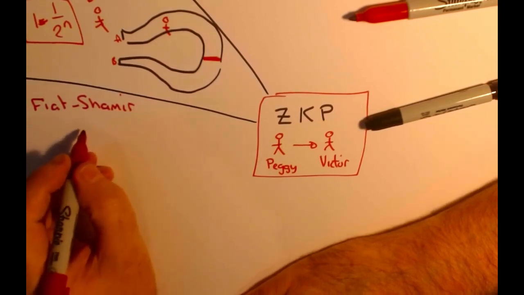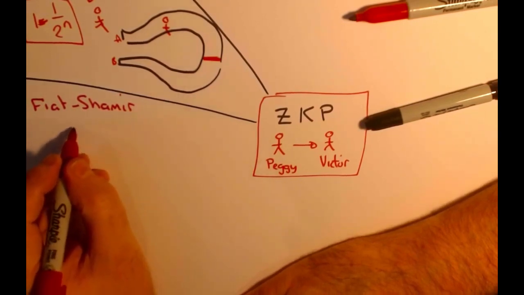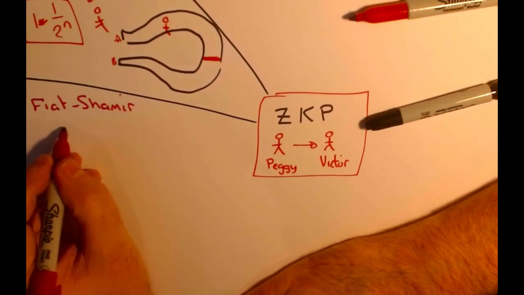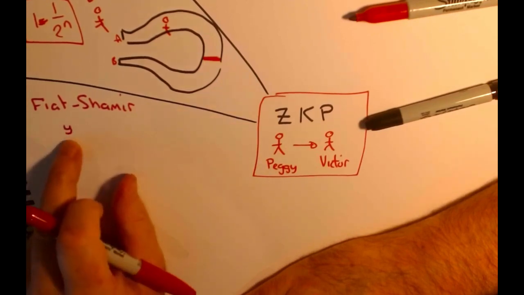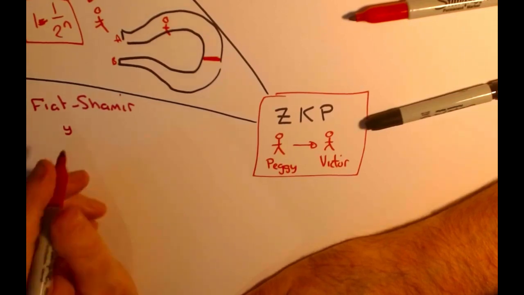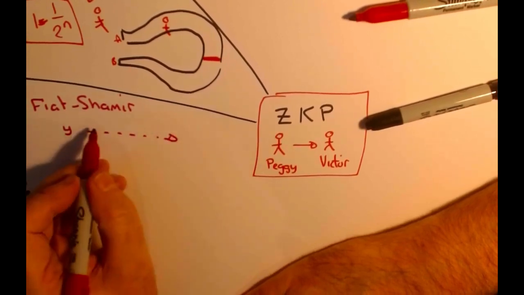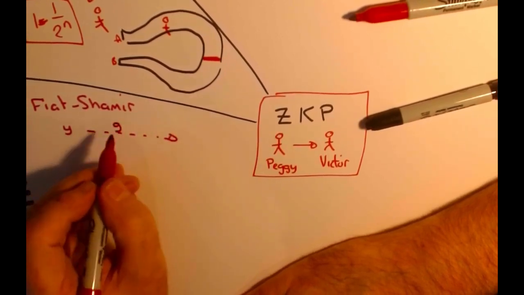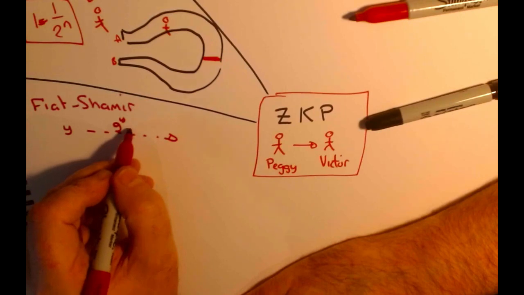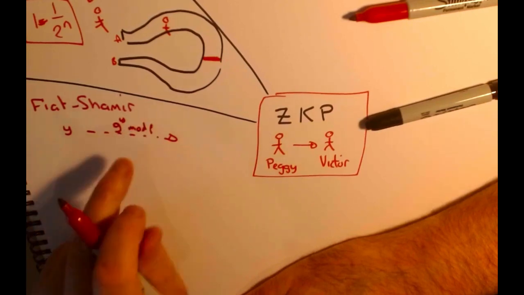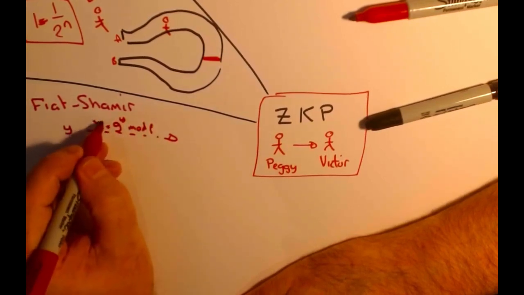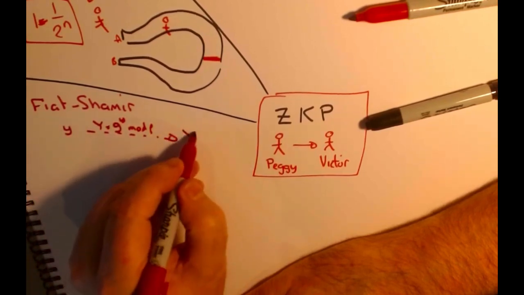With this, Peggy has a secret value. Let's call that secret value y. Then Peggy will take g to the power of y mod a prime number, and we'll call that big Y here.